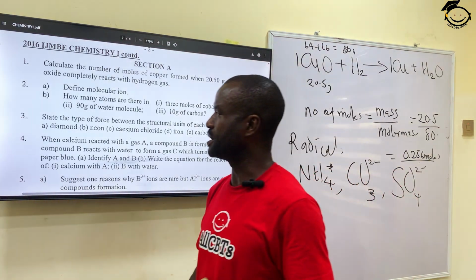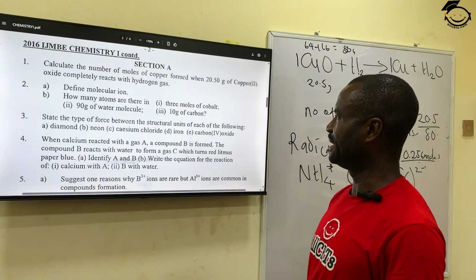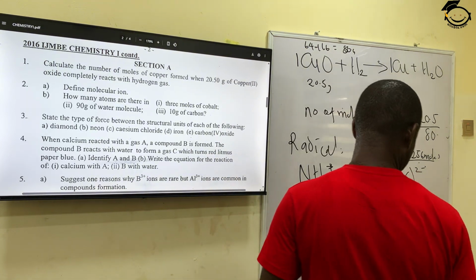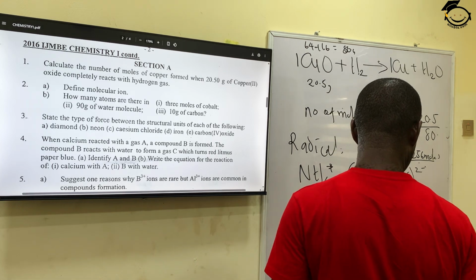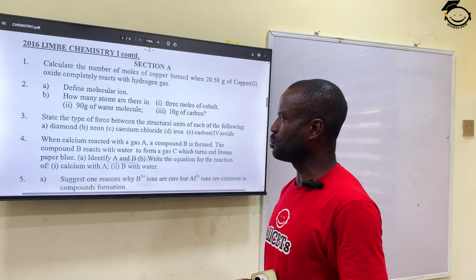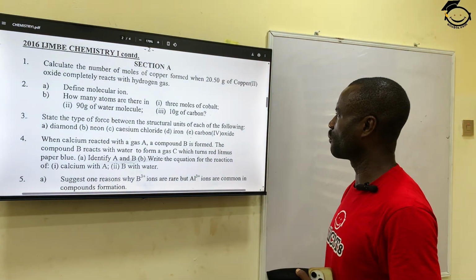Now, 2b says, how many atoms are there in 3 moles of cobalt? Sorry, 3 moles of cobalt. All right, question 2b says, how many atoms are there in 3 moles of cobalt?